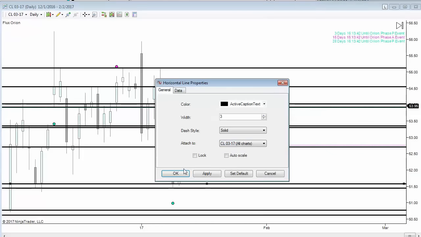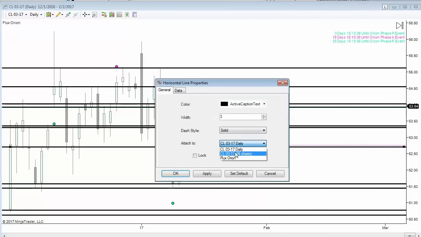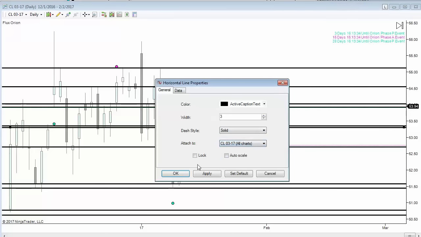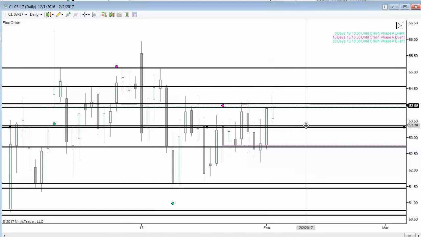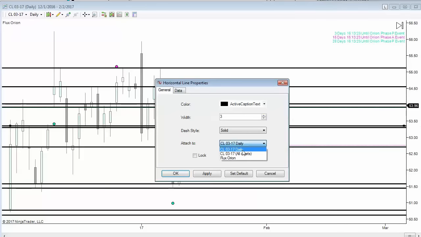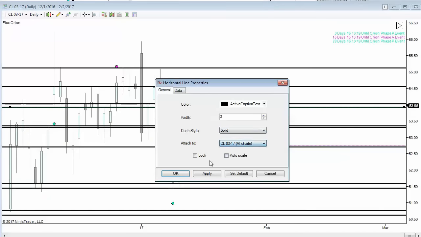You can come in here and tell the computer, hey, I've got a drawing object. It's very important to me. And I just want to cast it out to any chart that I open that has crude futures on top of it. Having trouble grabbing this line here. There it is. And you're going to see something very interesting.